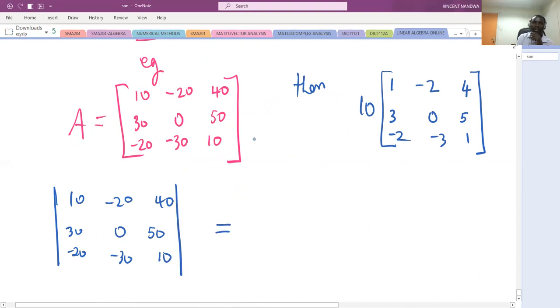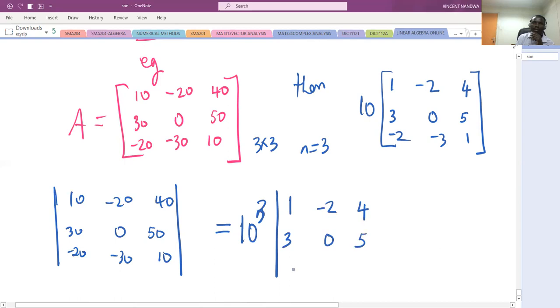This is a 3 by 3 matrix, so our n is 3, so it is 10 to the power 3 times the determinant of 1, minus 2, 4, 3, 0, 5, minus 2, minus 3, 1. When you work out the determinant of this matrix, you get 5. So this would be 10 to the power 3 times 5, which is 5,000.